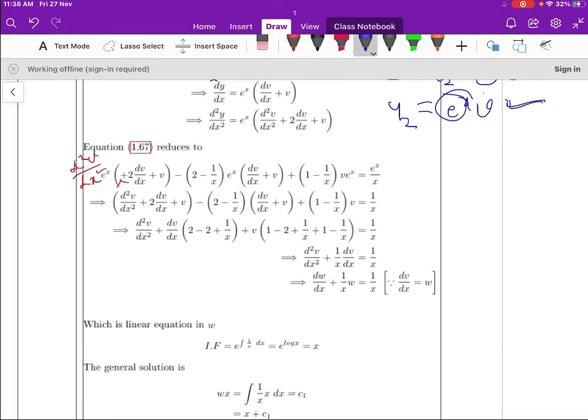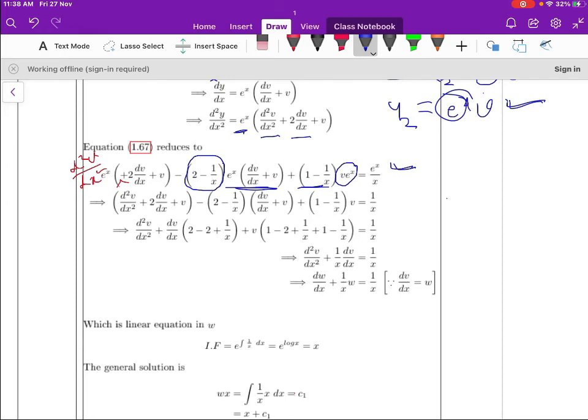So d square y by dx square is e power x times d square v by dx square plus 2 times dv by dx plus v, plus p, that is minus 1, into e power x times dv by dx plus v, plus q into y, is equal to v into e power x. So that is r, 1 by x, here.